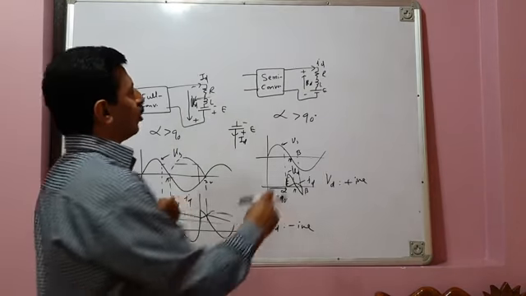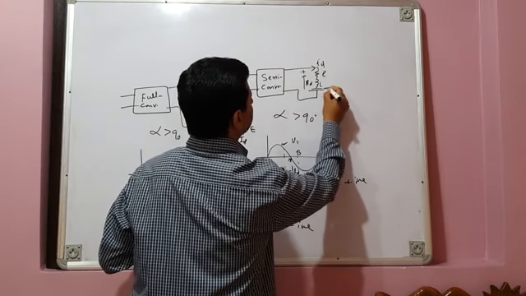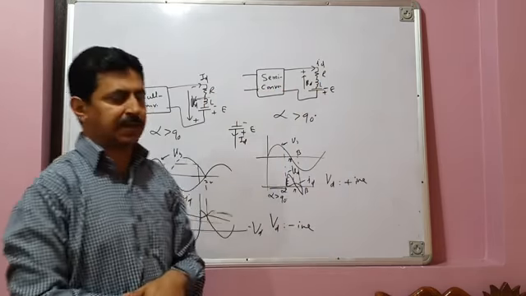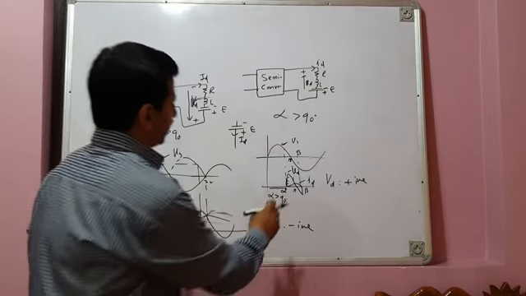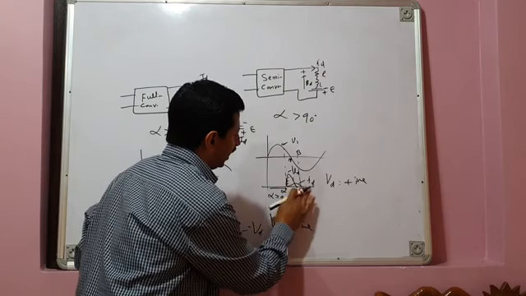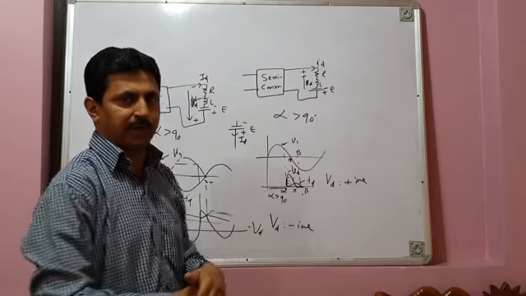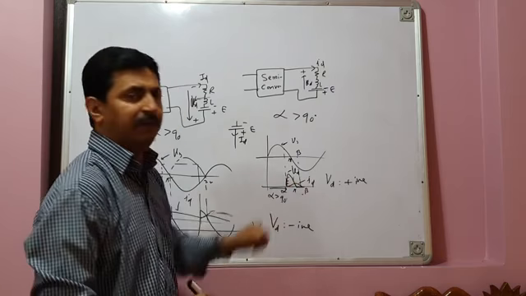Now you may ask a question: why not make E negative here in the case of a semi-converter also? Because if you make E negative, this will also support current. Yes, I agree with you. In this case, this will also support the current. But for a semi-converter, there is no negative segment of voltage. In a semi-converter, there is thyristor conduction mode followed by freewheeling mode.